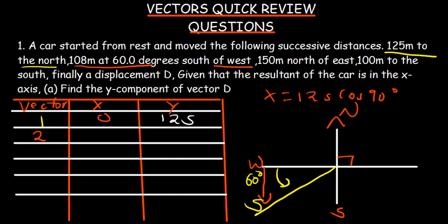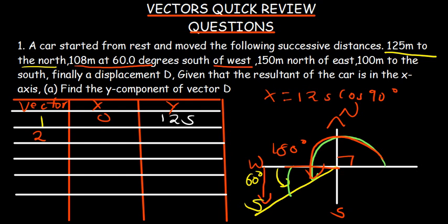We said our angle theta is supposed to be measured in respect to the positive x-axis, implying that you measure from that side all the way up to the point where the vector is. So this is 60, and ending at that point is 180. So for you to get the full angle, it's 180 plus 60, which gives us an angle of 240.